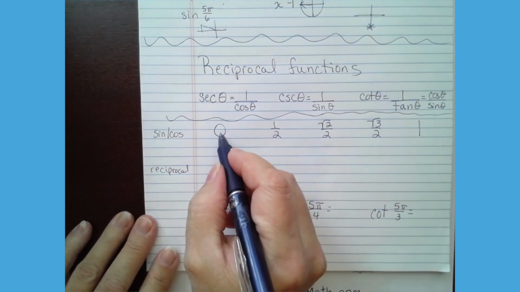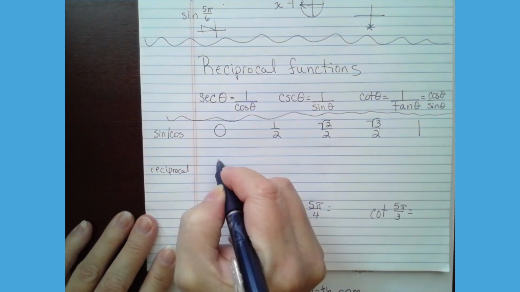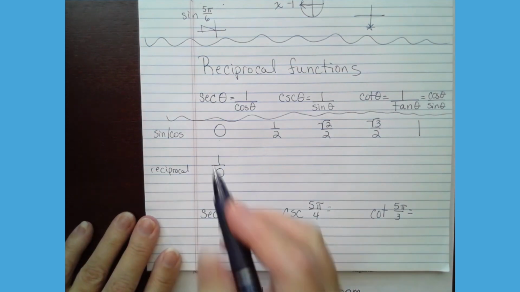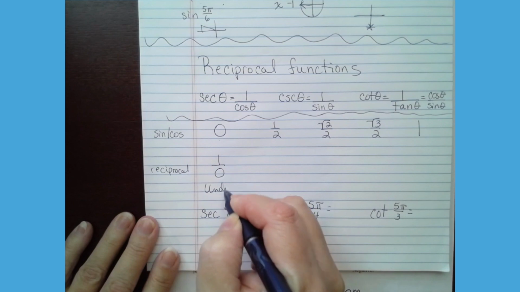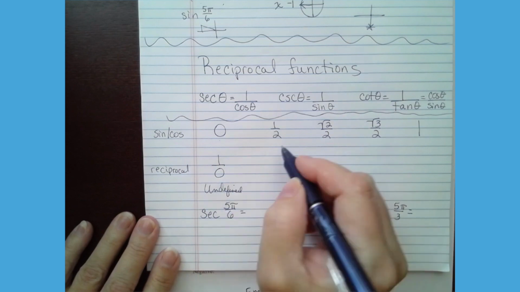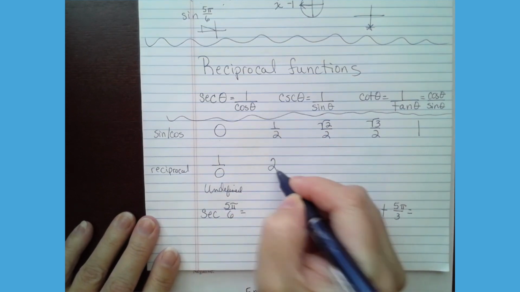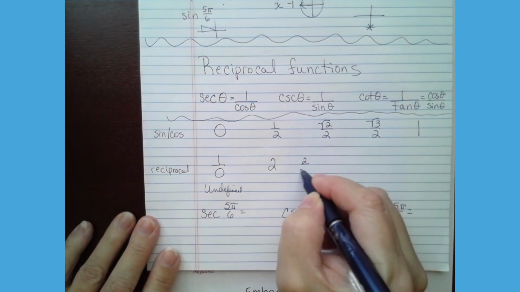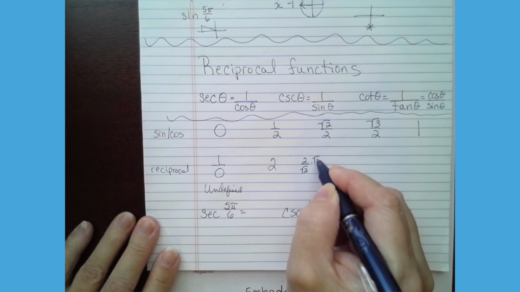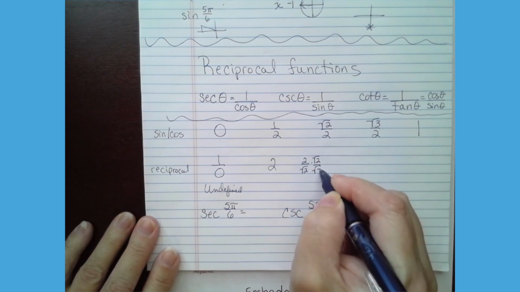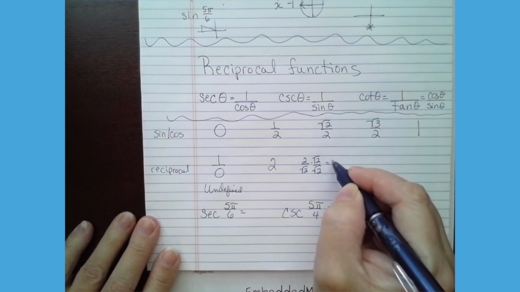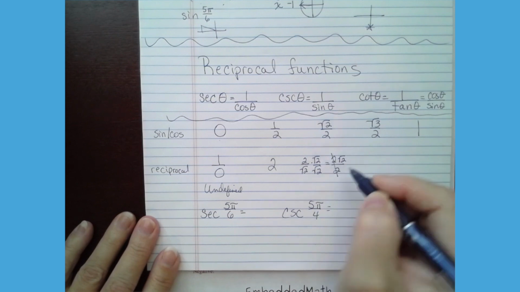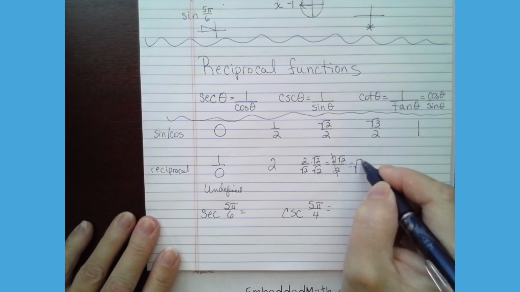So I can get 1 over 0, which we're going to say is undefined. If you flip 1/2, you get 2. If you flip root 2 over 2, you get 2 over root 2. And if you rationalize by multiplying by the magic 1, you get 2 root 2 over 2, which is simply just root 2.